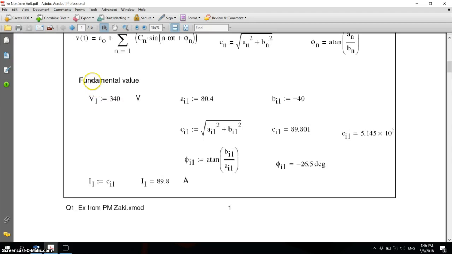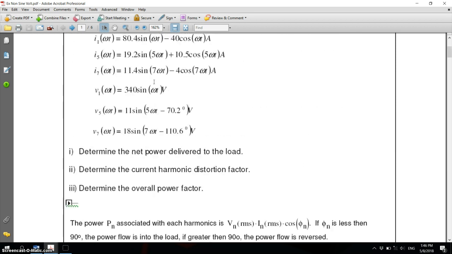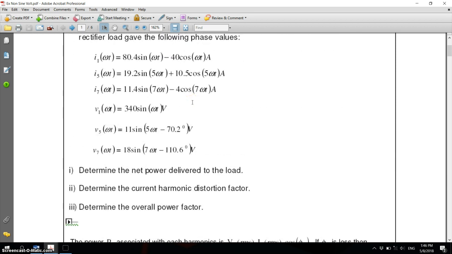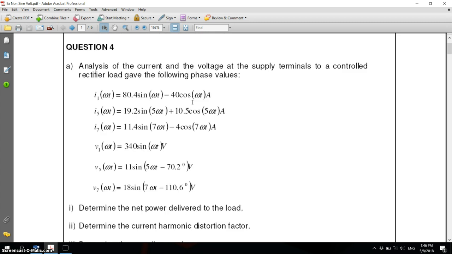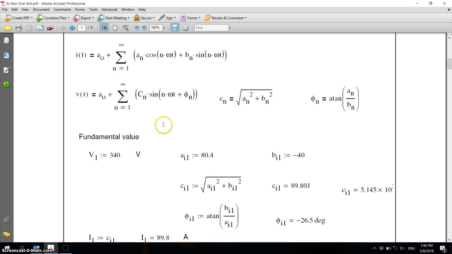We do have the fundamental voltage, 340 volt, and for the current, A1 is 80.4. Okay, sorry, that 80.4 is actually your Bn. Yeah?